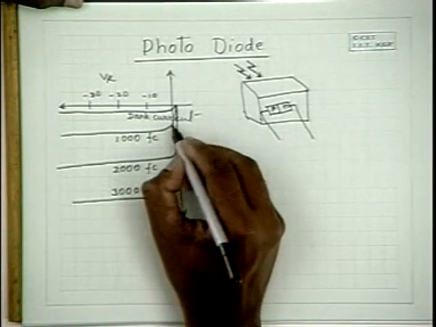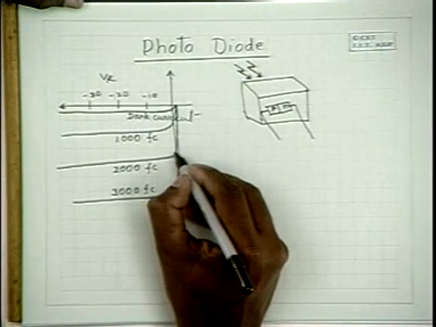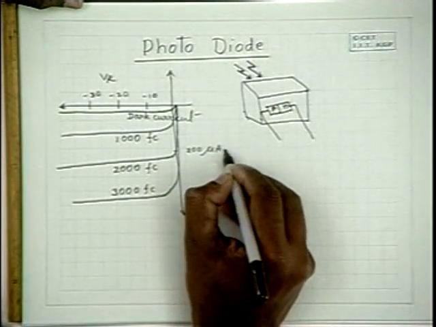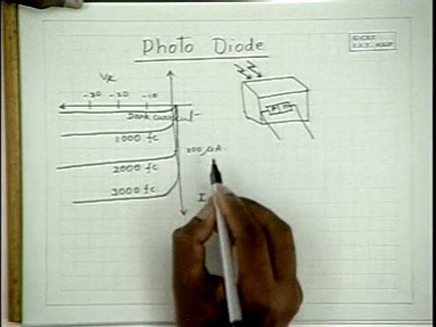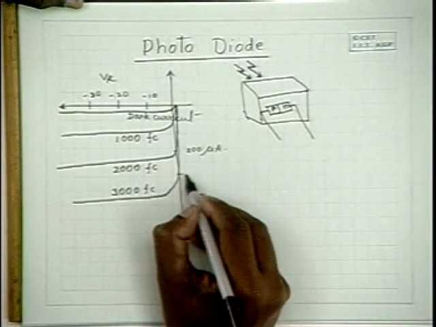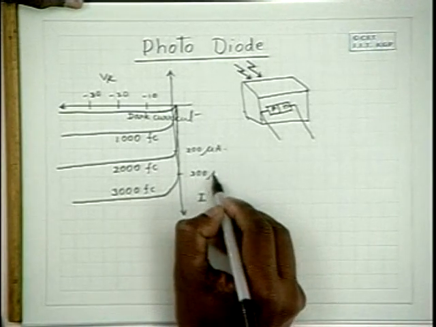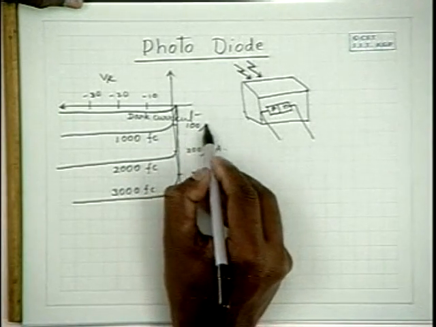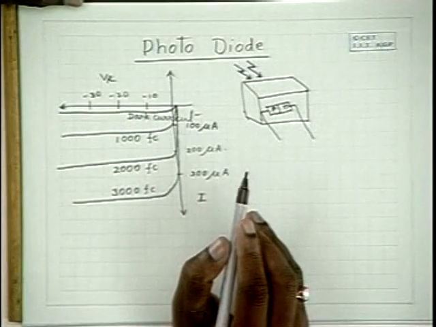This current is of the order of, say, 200 microamperes in a typical diode. This is about 300 microamperes, this is about 100 microamperes, and so on.